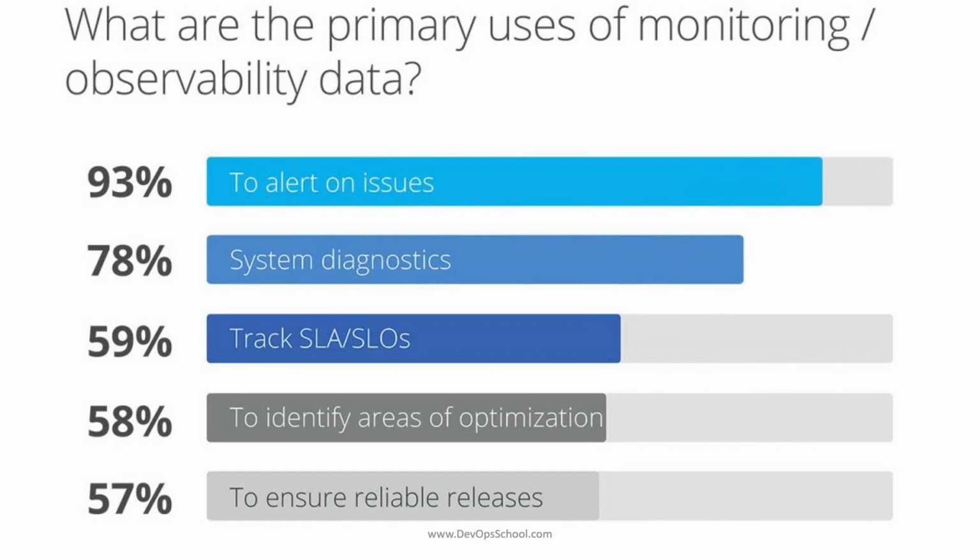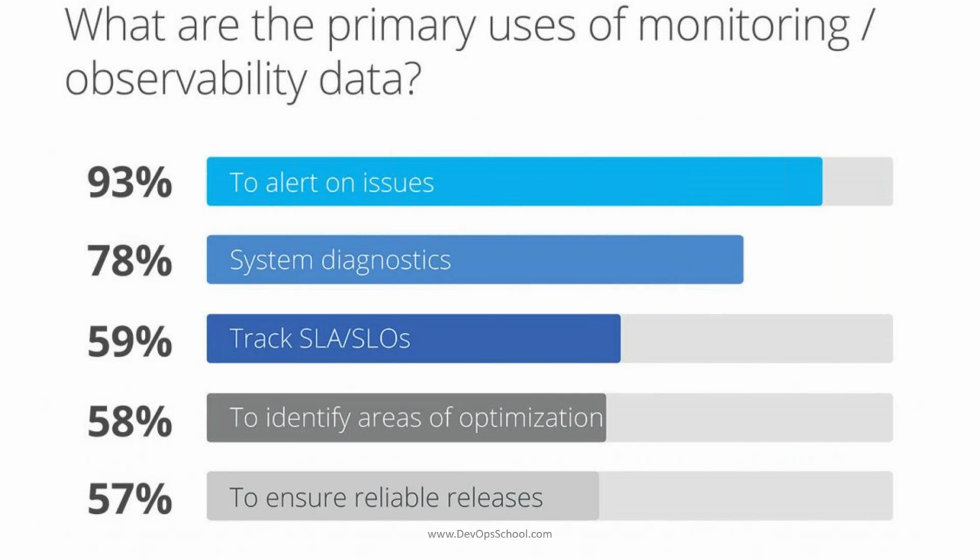Now, what are the primary uses of monitoring and observability data? 93% of the time we set up monitoring to alert on issues. Issues can be anything: server issues, network issues, system issues, process issues, and different things. We also want to diagnose.